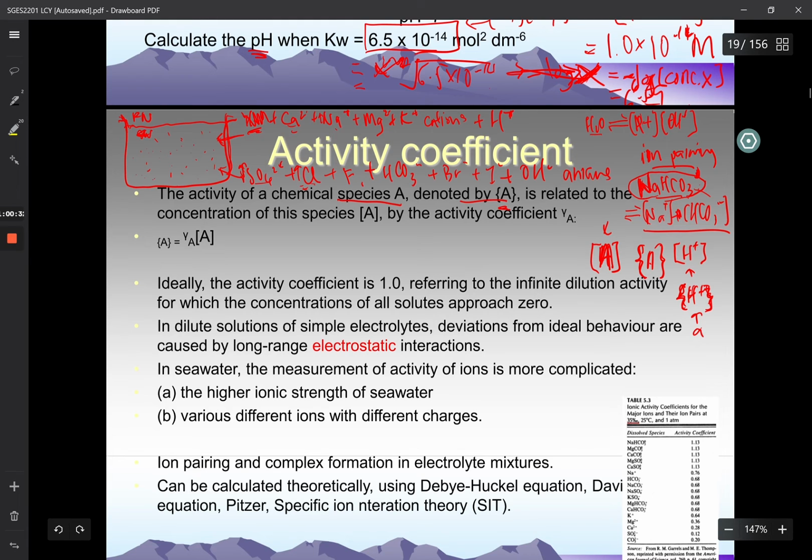So this is related to the concentration of this species A by the activity coefficient.